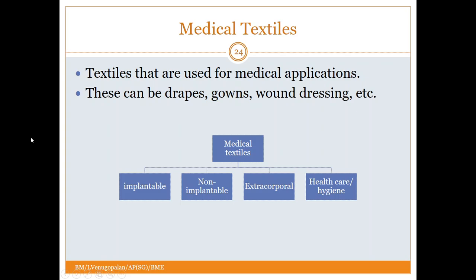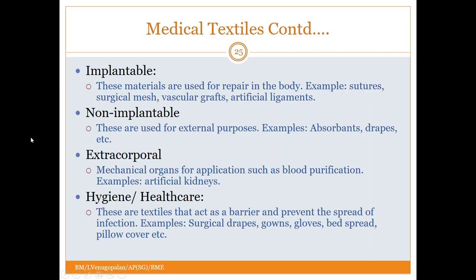Extracorporeal can be the membranes and other material that is used in medical devices. Implantable medical textile, as the name suggests, is the material that is implanted in the body, and non-implantable is used for superficial purposes. So let us have a closer look at these medical textiles.